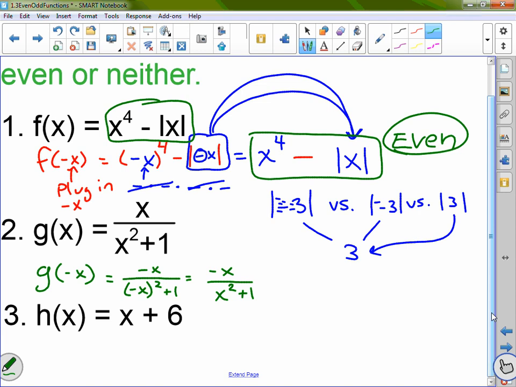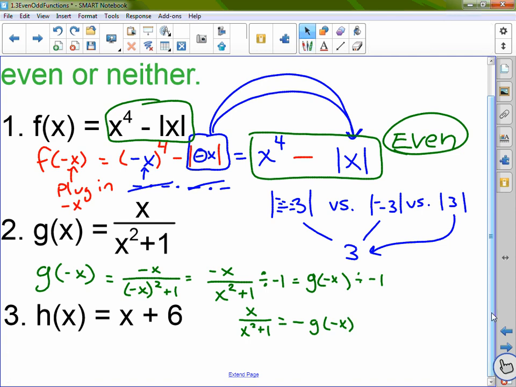Well, if I were to divide both sides by negative 1, we would see that we have x over x squared plus 1 is equal to negative g of negative x.